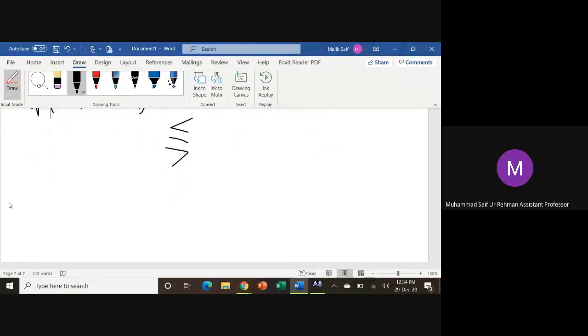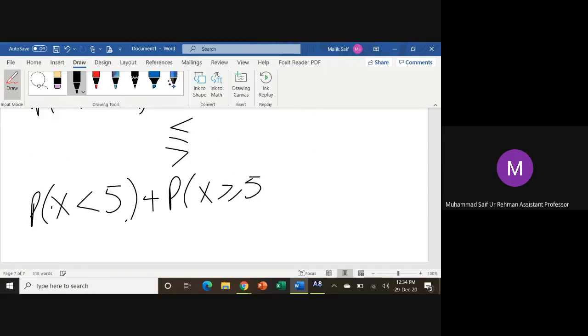So let us see, if I write it down as probability of x less than 5, so up to 4 terms will be there, plus probability of x greater than or equal to 5, so the remaining 5 up to, if there are 9 samples, you may go up to 9. So all 9 will be covered, equal to 1. The sum of all these probabilities will equal 1.